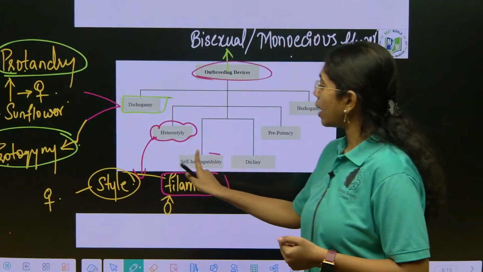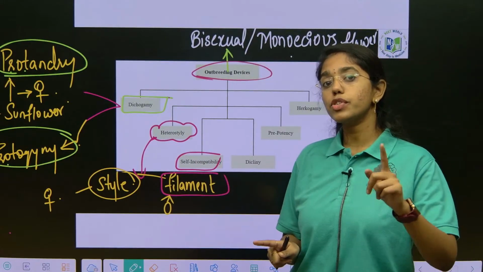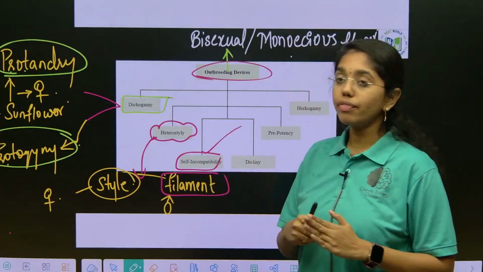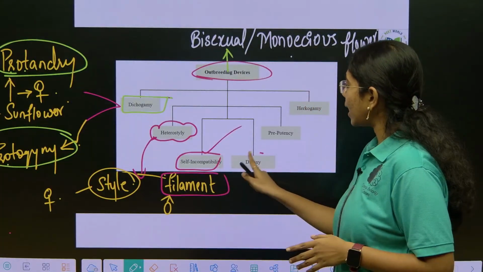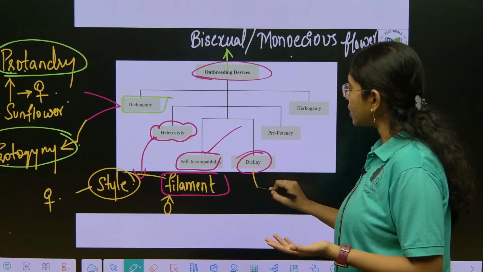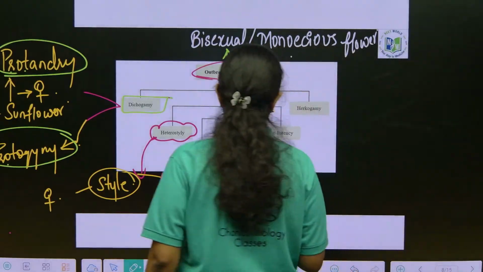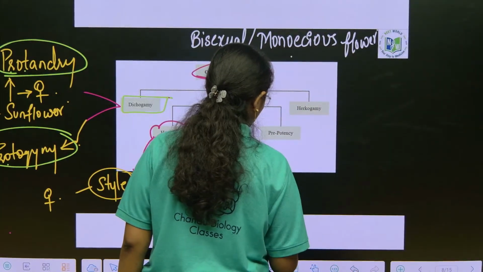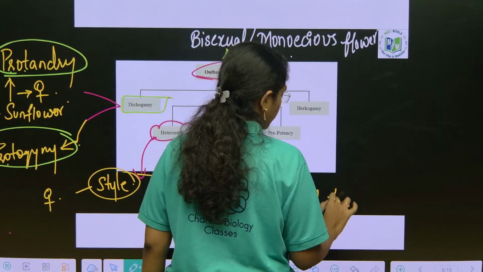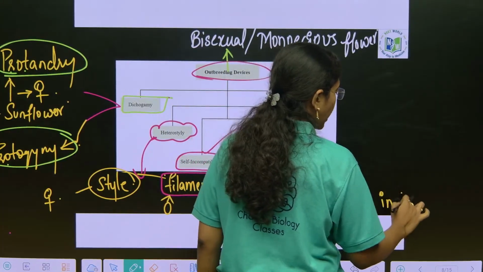Next is self-incompatibility. The stigma will be incompatible to the pollen grains which are released by the anther of the same flower. That is self-incompatibility. Dicliny, which is nothing but providing unisexual flowers in a bisexual plant.